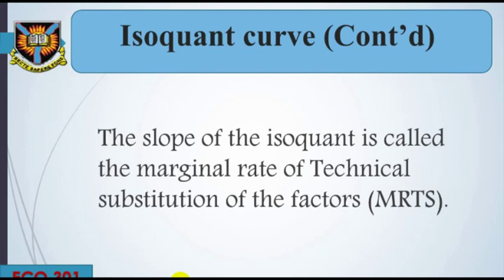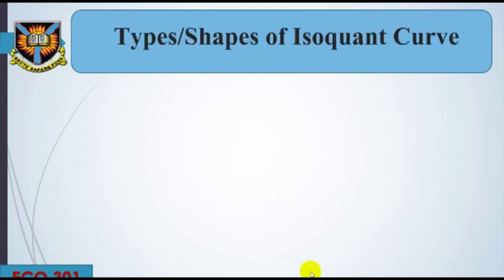Fk dK = -FL dL. -dK/dL = FL/Fk = MRTS, where FL/Fk is the ratio of input prices. However, this production isoquant may assume various shapes depending on the degree of substitutability of factors.